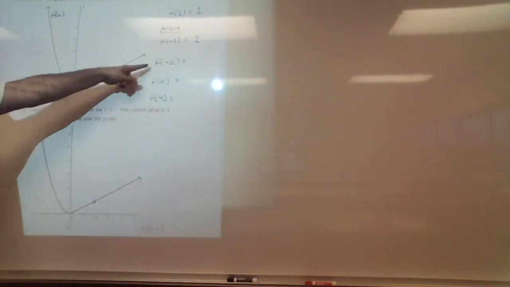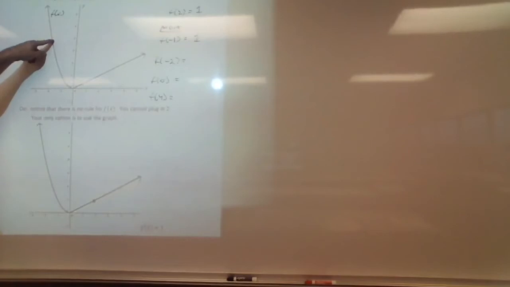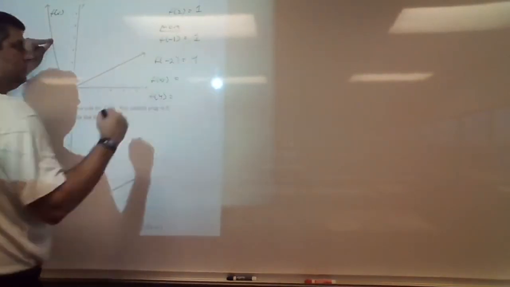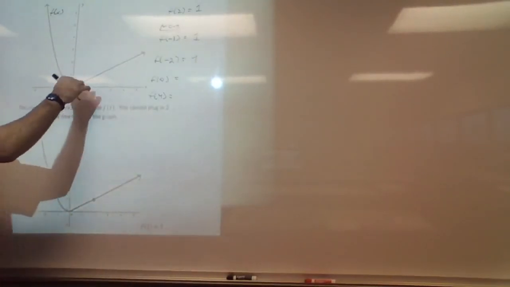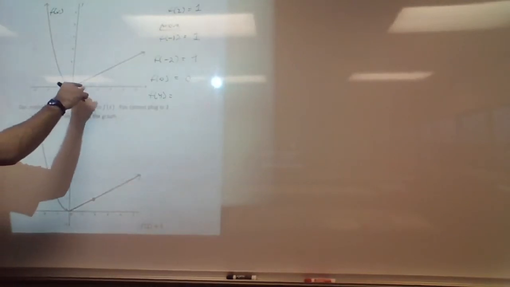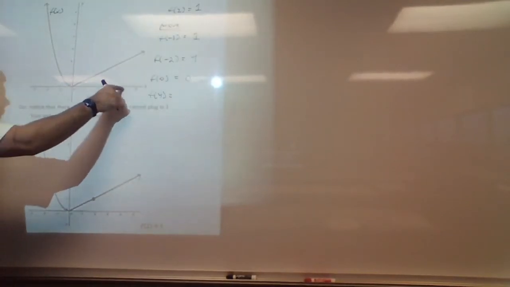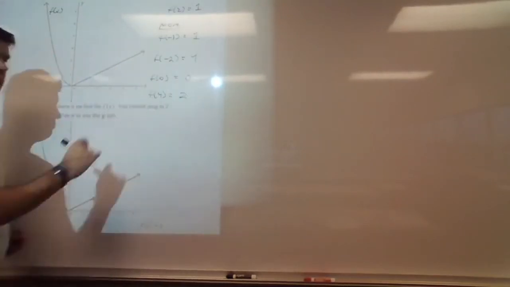At x equals -2, I go up and I meet a y coordinate of 4. When x equals 0, the y coordinate is also 0. And at f of 4, I will go to where x equals 1, 2, 3, and 4. And when I get there, the y coordinate is 2.